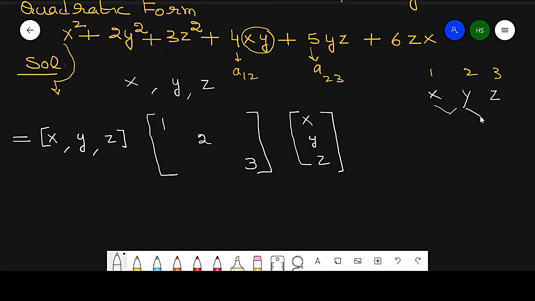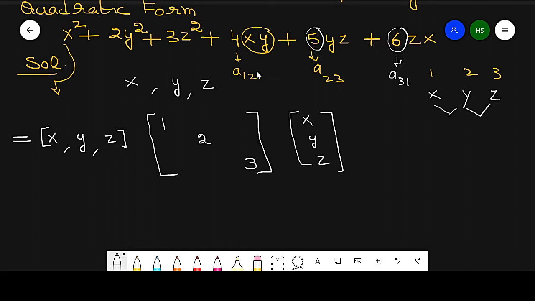So if we have xy, then we will get A12 or A21. When we have variable yz, then we have the coefficient 2, 3 or 3, 2. So from this 5 is from A23 and A32. Similarly, 6 is from A31, because we obtained two values, A12 and A21.